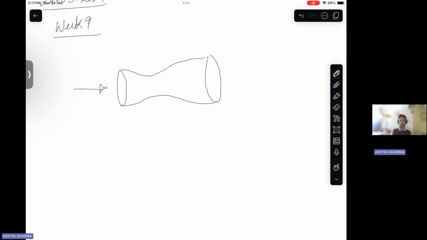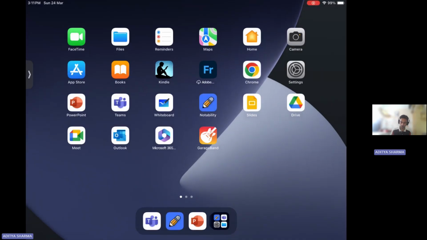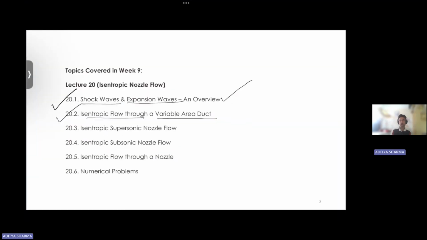Here, with the passage of the flow in this duct, there is a change in the area that the flow experiences. In such a scenario, what happens? This has been discussed in this topic.